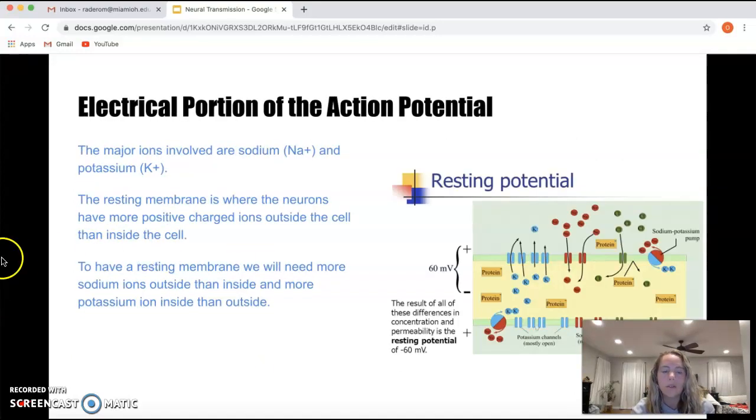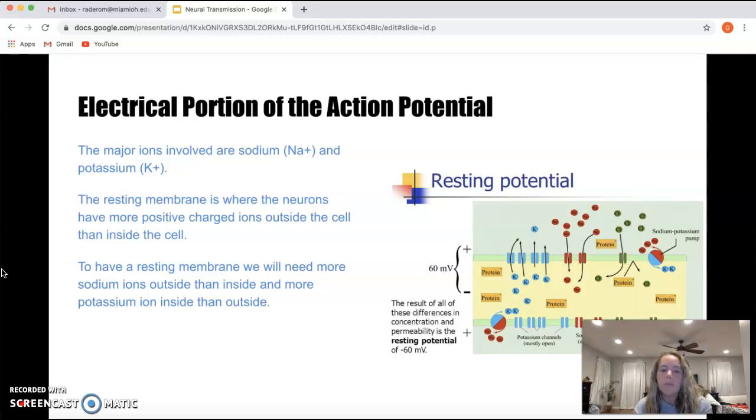Next, you have the electrical portion of the action potential. The major ions involved are sodium, which if you see in the picture, is the Na with the plus sign, and potassium, which is shown as the K plus. The resting membrane is where the neurons have more positively charged ions outside of the cell rather than the inside.